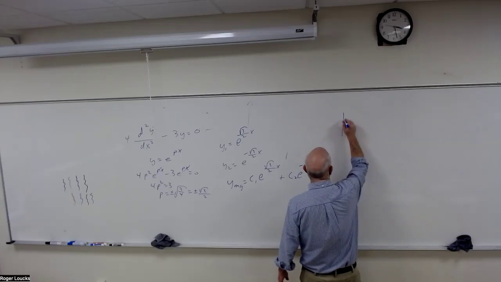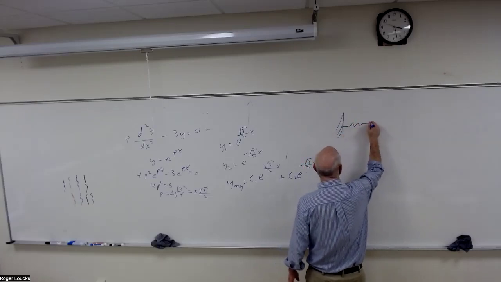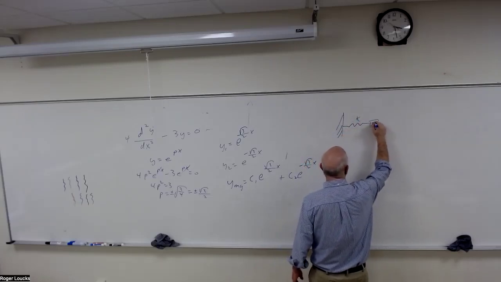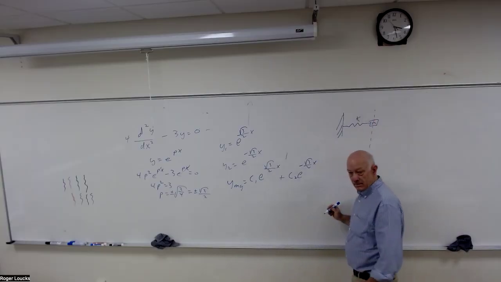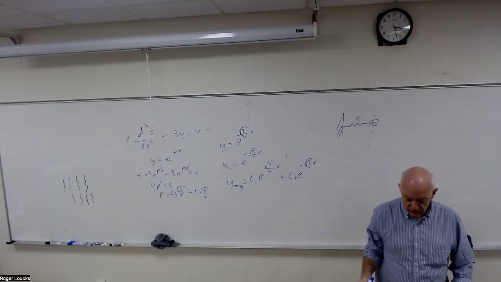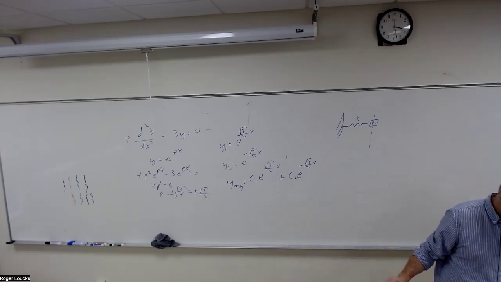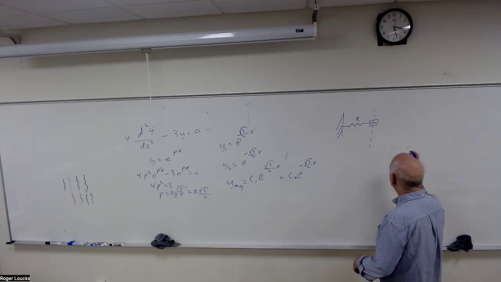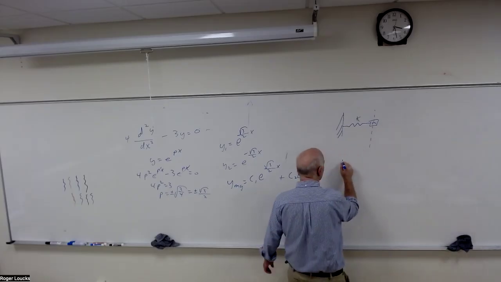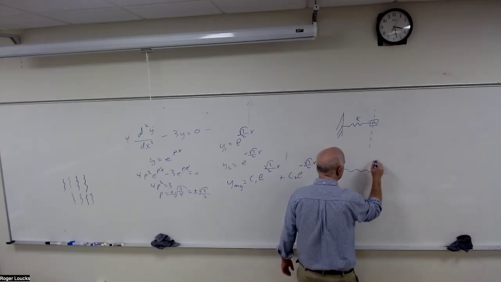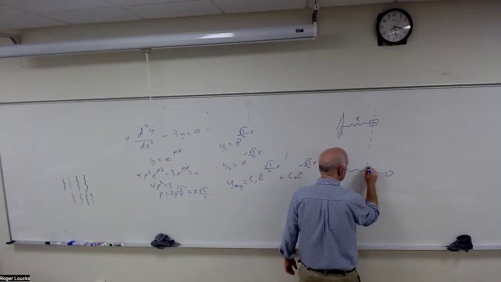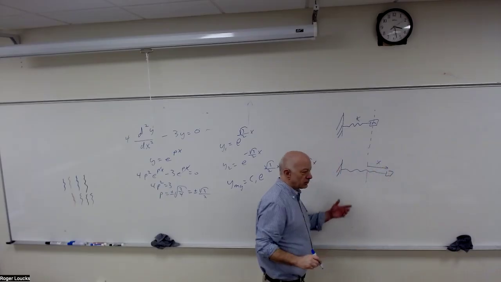So we apply this to our spring. We had our little wall, we have our spring, here's k, this is m. We put it in the official daily homework. And what did this do for us?